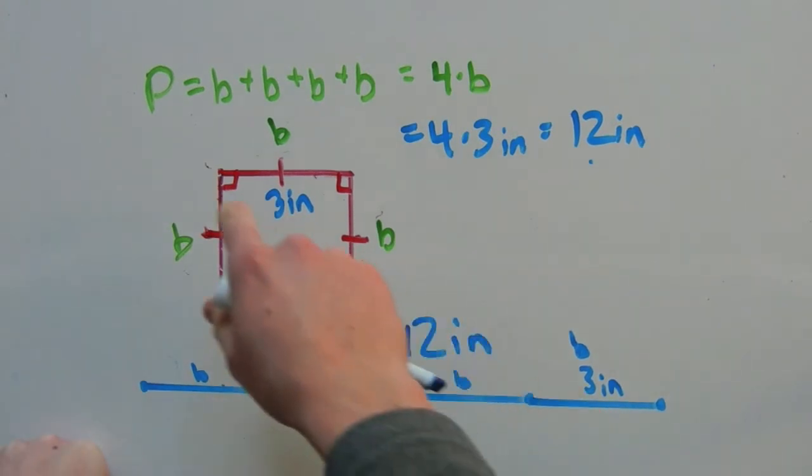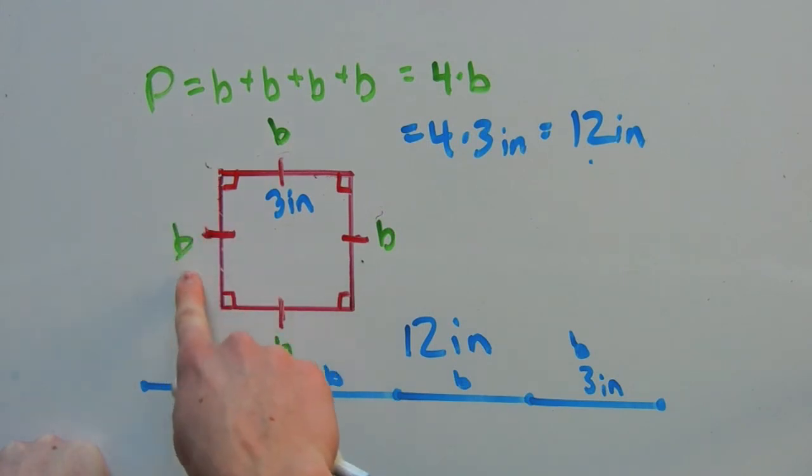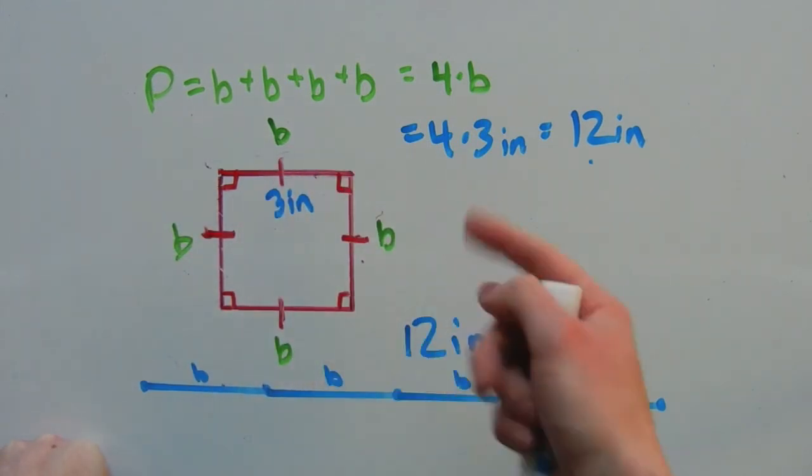So remember, your perimeter P is just the length of each of the sides added together.